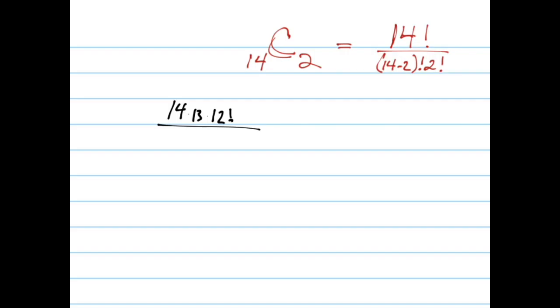Because 14 minus 2 is 12, so that gives me a 12 factorial there. And then I have a 2 factorial, which is 2 times 1. So the 12 factorial that came from here and the 12 factorial that came from the end of the 14 are going to cancel each other out. And the 2 is going to reduce with the 14, making it 7. And 7 times 13 is 91. So there's 91 different ways they could pick 2 pictures to go at the top, right?